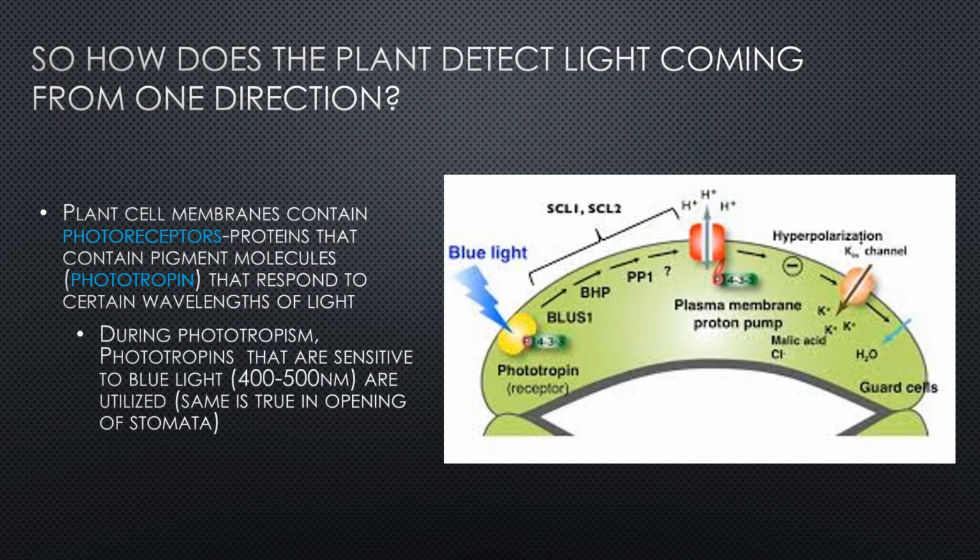That's the wavelength. And so these proteins that are photoreceptors are a large molecule and they contain a pigment called phototropin that responds specifically to blue light. So when blue light is present, the receptor molecule is going to be this photoreceptor with phototropin in it.